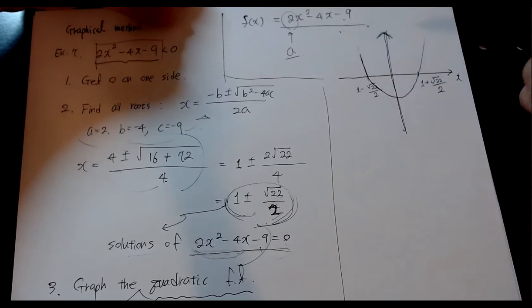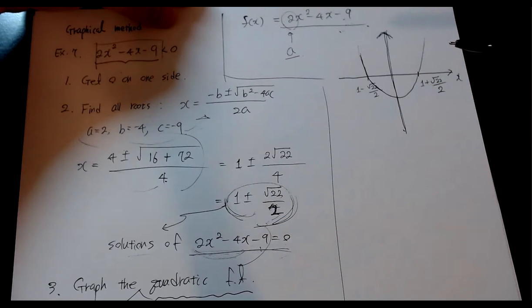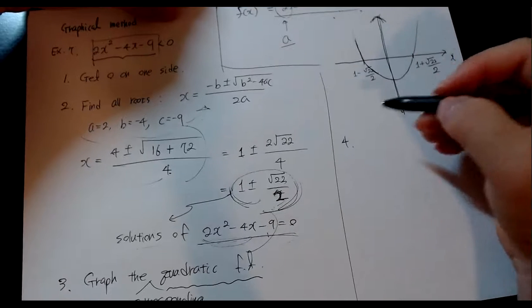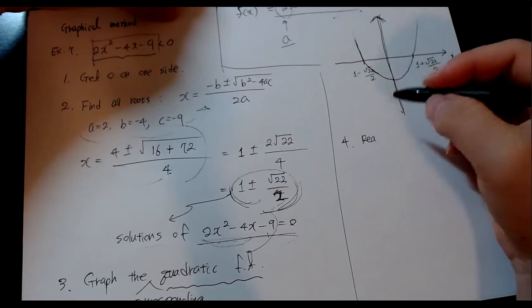Okay, and then from the graph, as you can see, these roots determine the x-intercepts, right? And then step 4, we're gonna read the solution set to the inequality from the graph of the parabola.